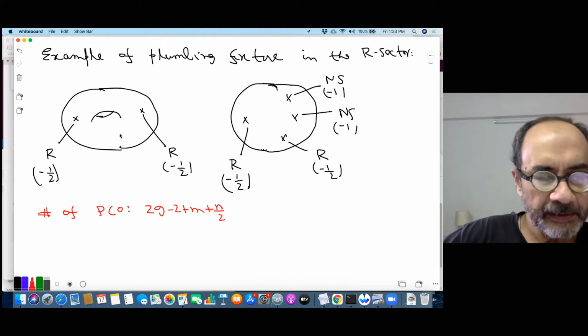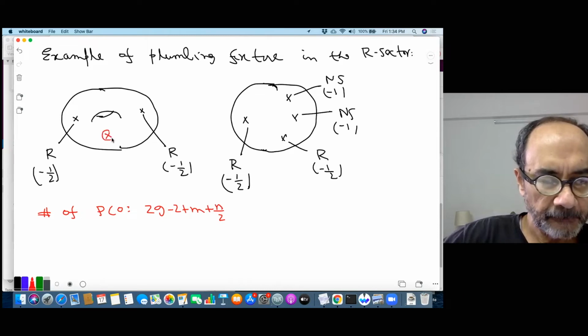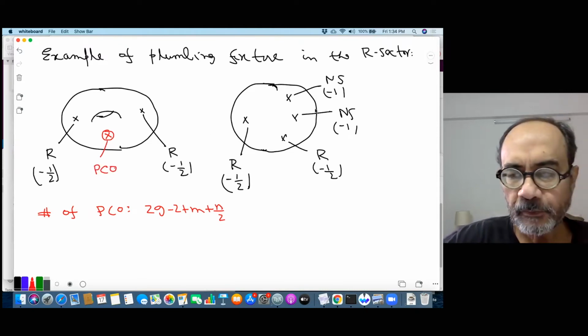So here we have G equal to 1, M is 0, N is 2. So we need 1 PCO. I'll denote by PCO these crosses with circles.